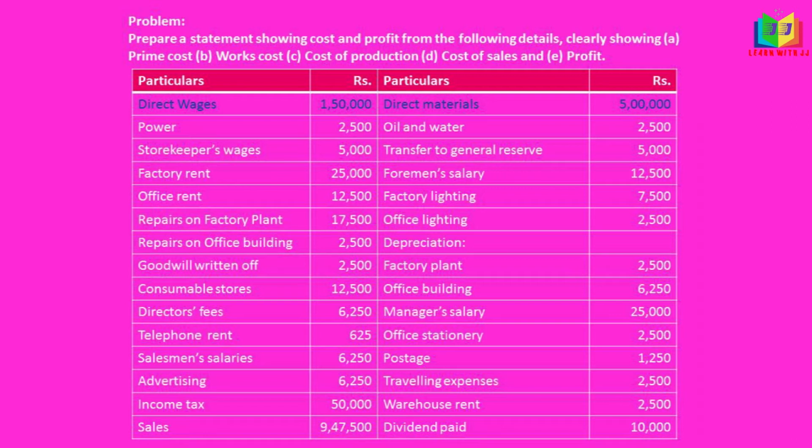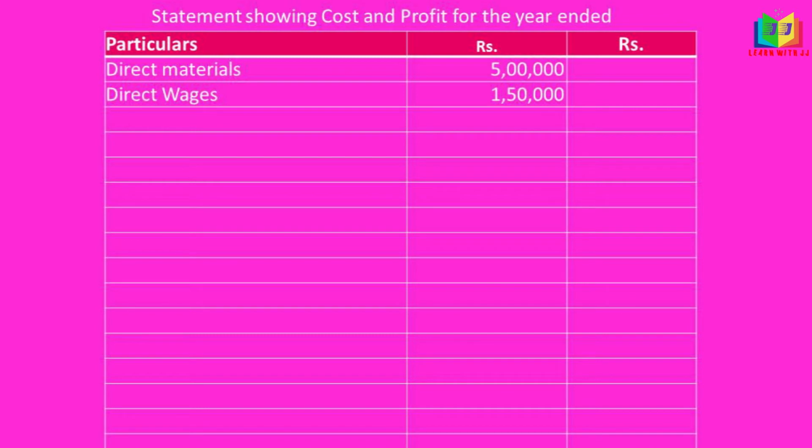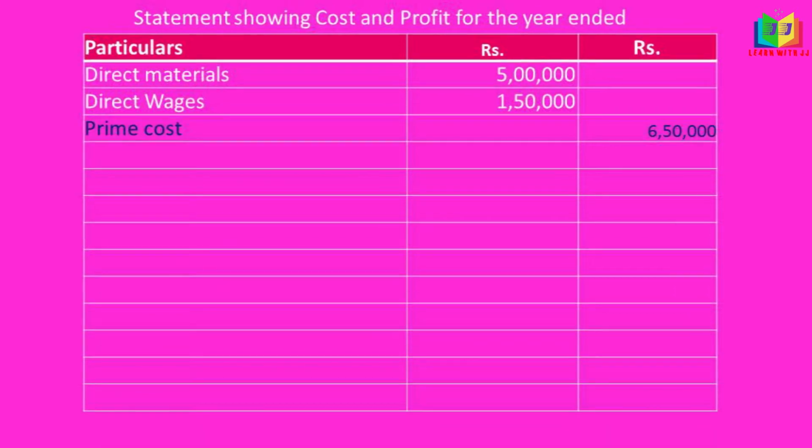Only we'll take the direct material and direct wages. So I'll write it here in the cost sheet: direct material 5 lakh and direct wages 1,50,000. The total of this is 6,50,000. That is the prime cost. So I'll write prime cost 6,50,000.